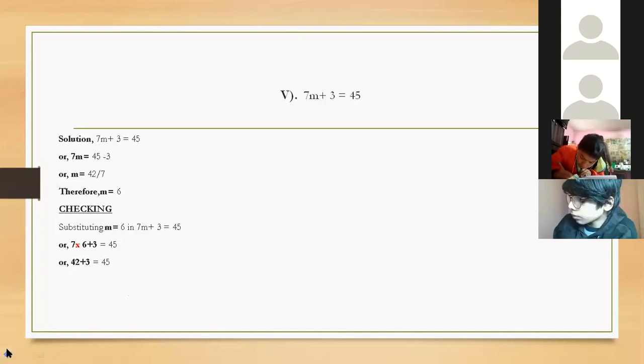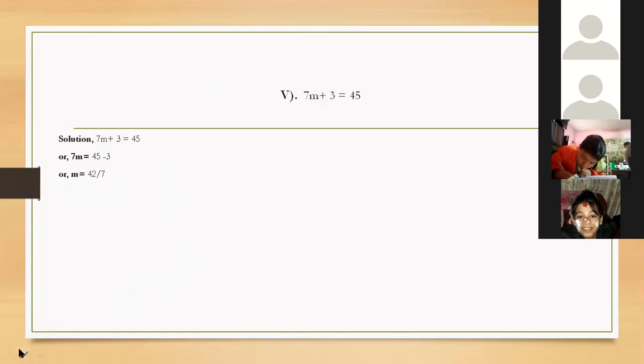Or m is equal to 42 by 7. Sir, can you tell after 42 by 7? 42 by 7 means what? 42 by 7 got 6.